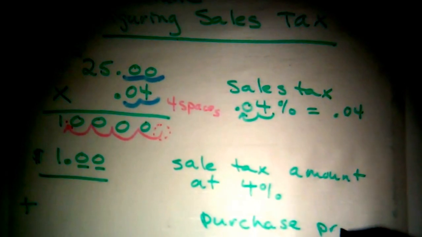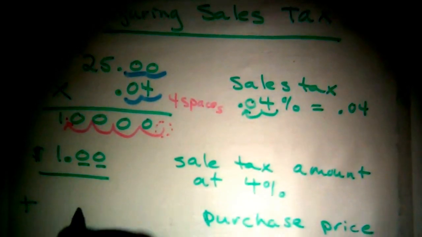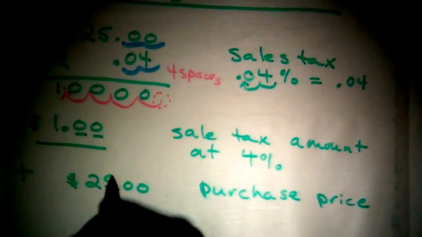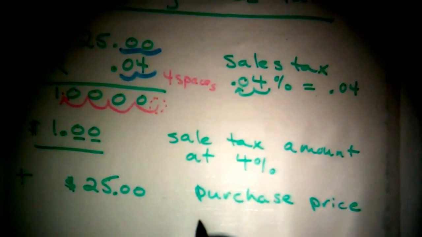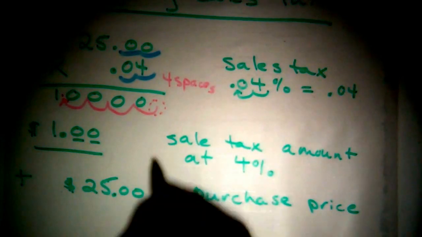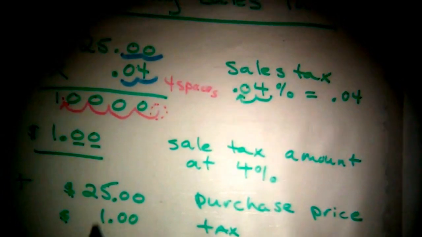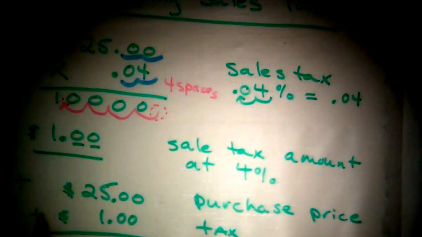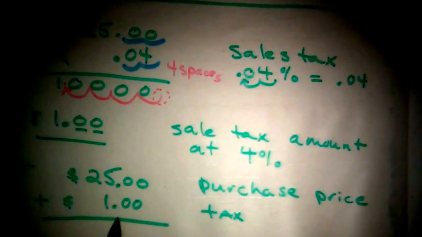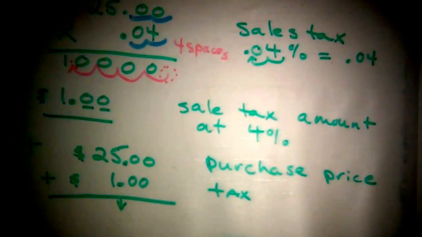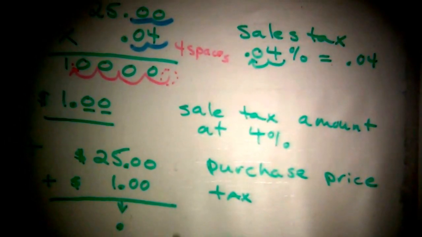So my purchase price was $25. I'm going to now add my tax of $1. Now we add. Now remember, with addition we just bring down. We line up the decimals and we bring it down. So here's my decimal.